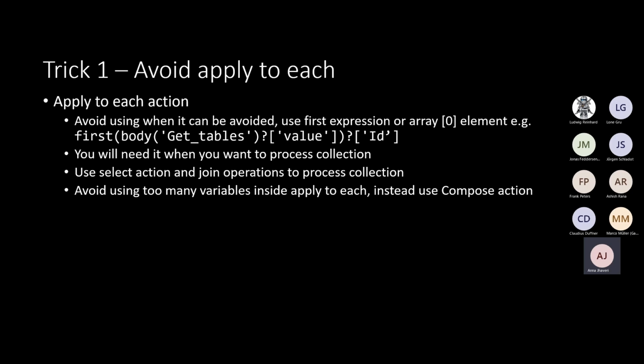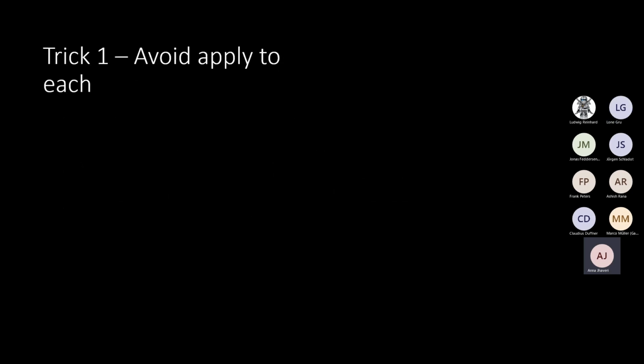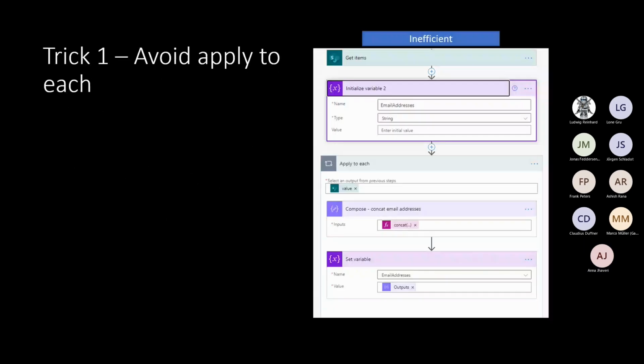If you want to do some processing in the apply to each loop, use compose actions rather than variable actions. We've observed that apply to each makes flow performance very slow, so as much as you can, avoid using it.